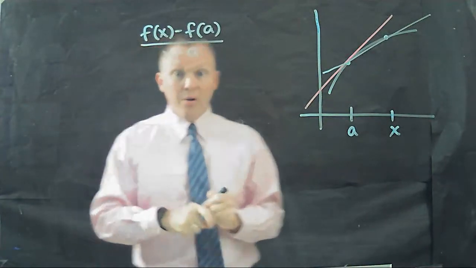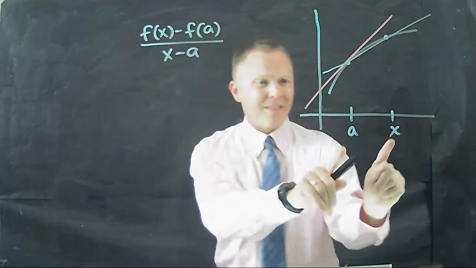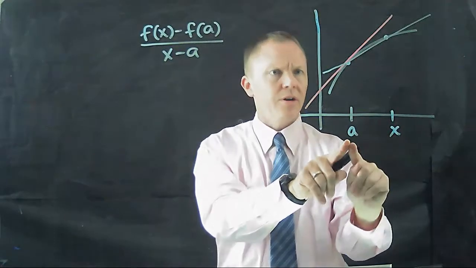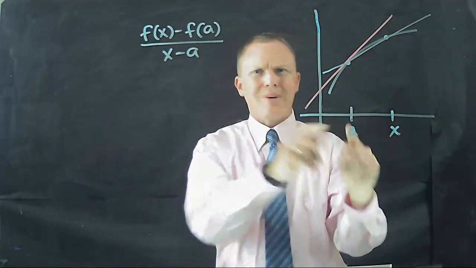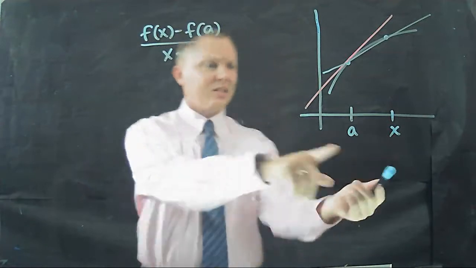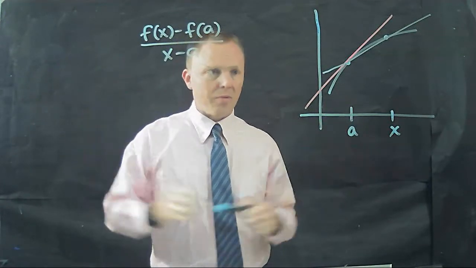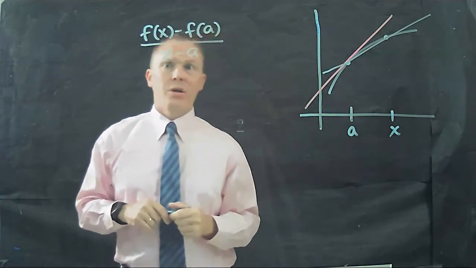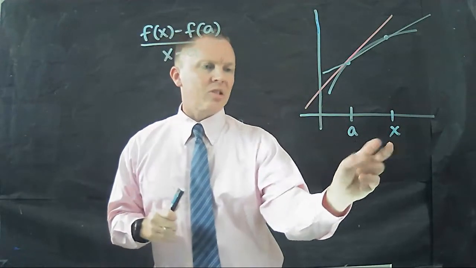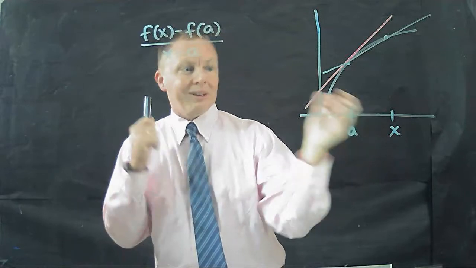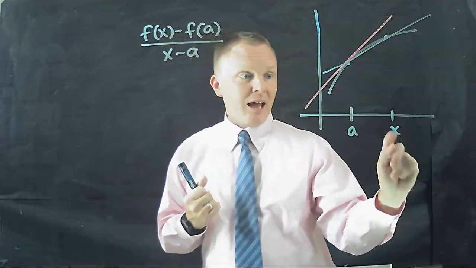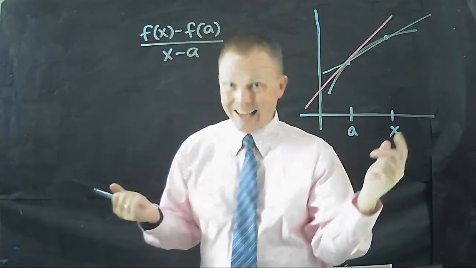Now we said we need to make this distance between here and here approach 0, but not necessarily equal 0, because if that distance equaled 0, then we would be dividing by 0 here, and everything would fall apart, and the world would explode. How can we make this distance approach 0 but not equal 0? Basically, x has to approach a, but it can't equal a.